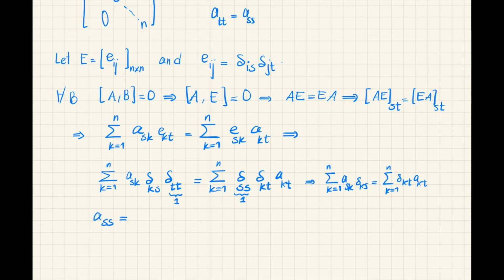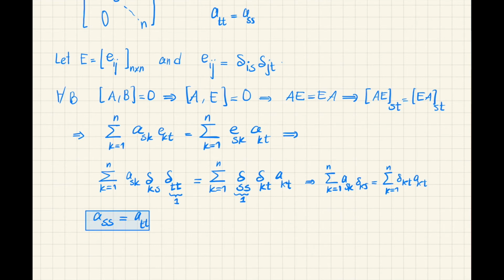And for the same reason, I use this delta to eliminate this sigma, and then I will replace K with T. So it becomes ATT. And that's what I wanted to show.